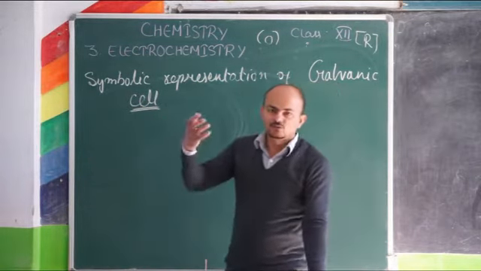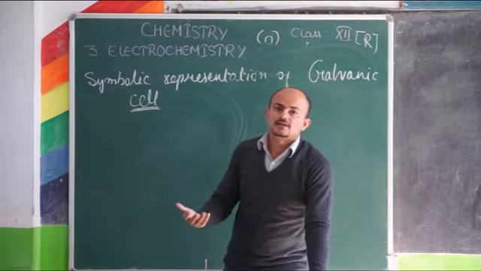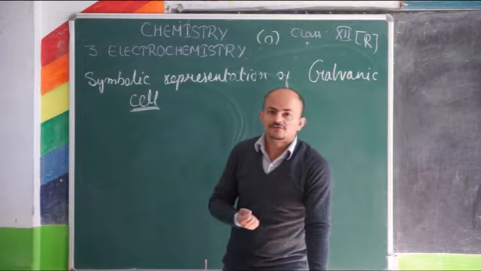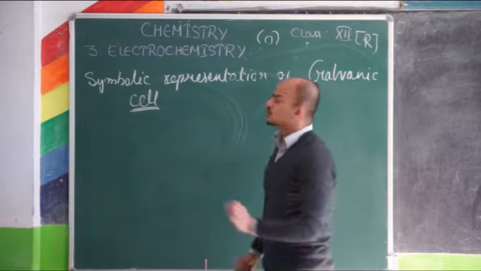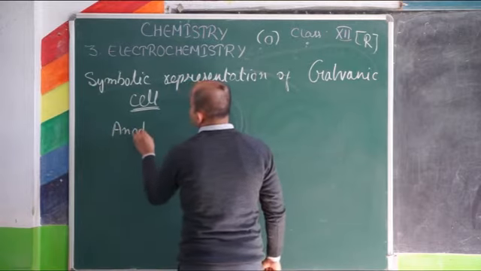There is an IUPAC way of representing it, and for all other types of cell, the same order will always be followed. Now you have to remember that on the left hand side, the anode is always written.